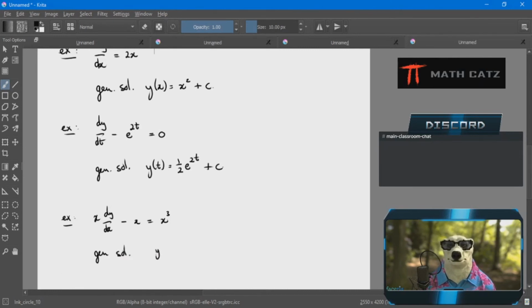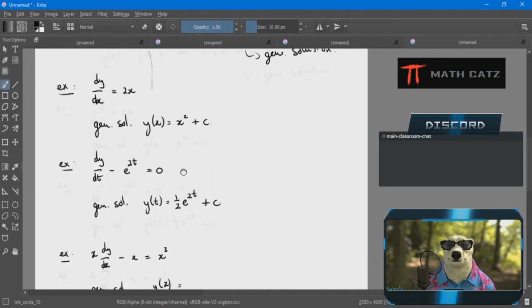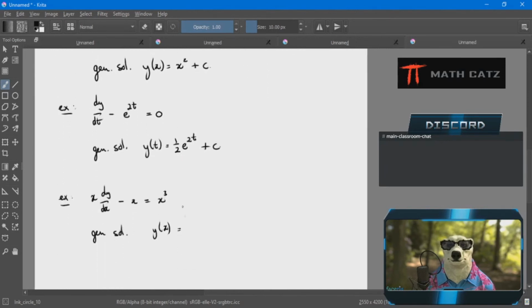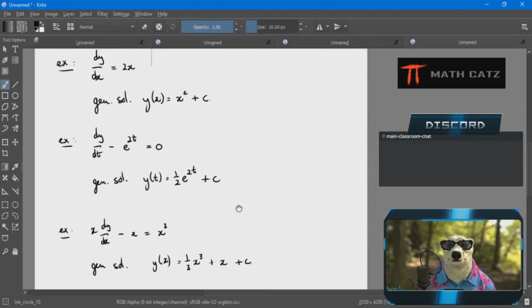General solution y is, what did we find? 1/3 x cubed plus x plus c. All right. There we have 3 examples for which finding the general solution was quite familiar once I understand what the equation is asking.